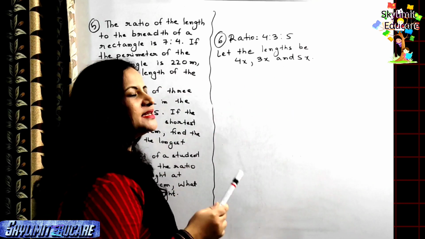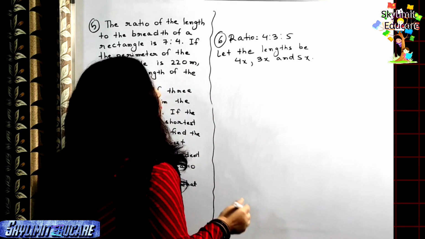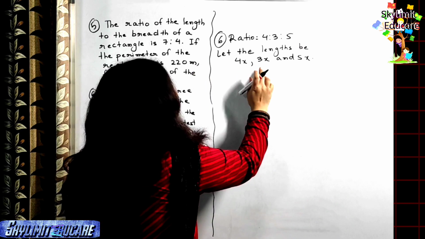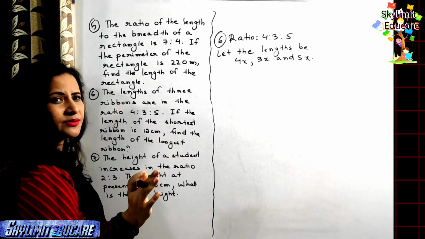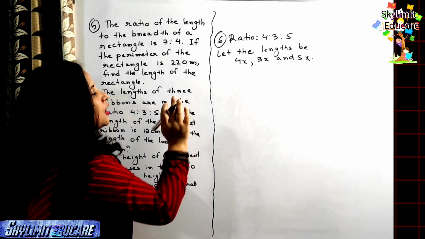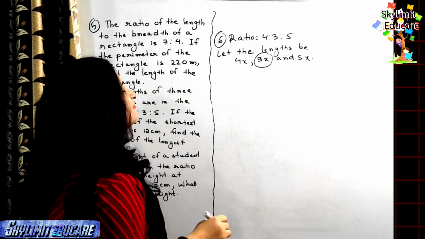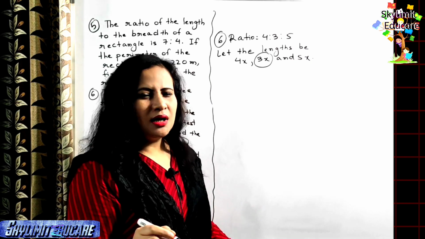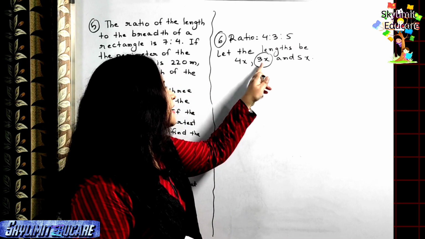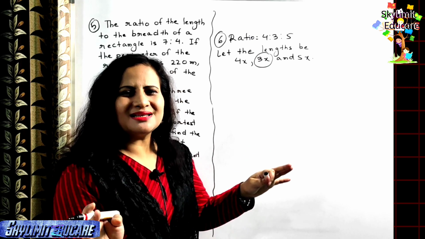Obviously the value of x will be the same for all. So which among these 3 would represent the shortest ribbon? The length of the shortest ribbon would be represented by 3x, because the value of x is the same for all. In this case 3x represents the shortest length.